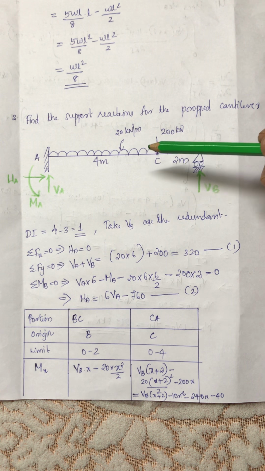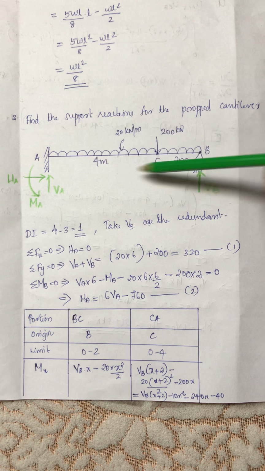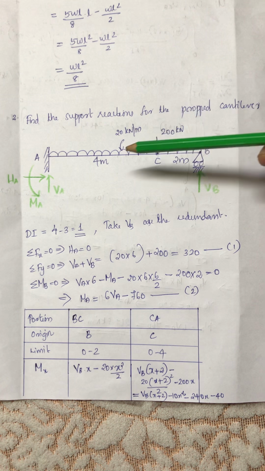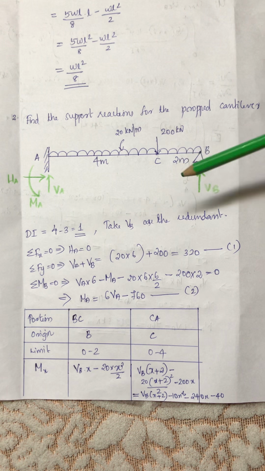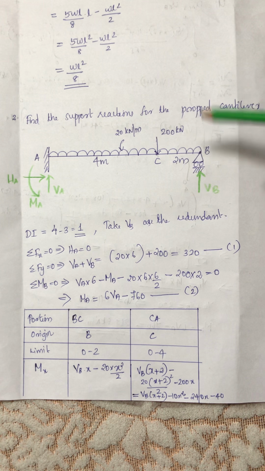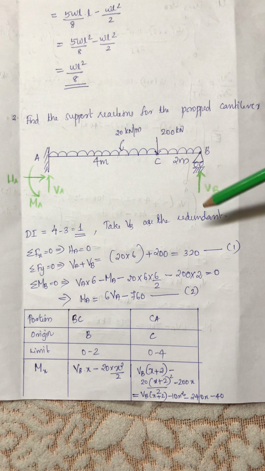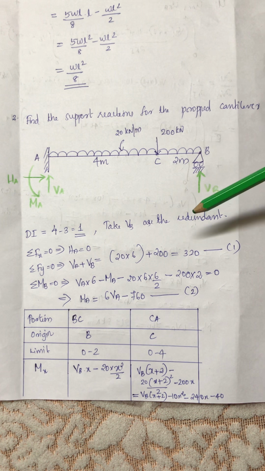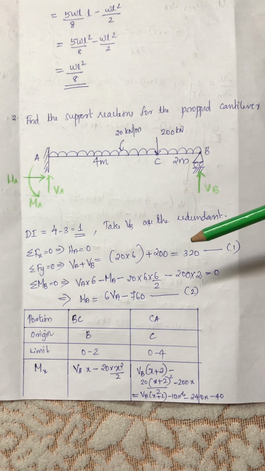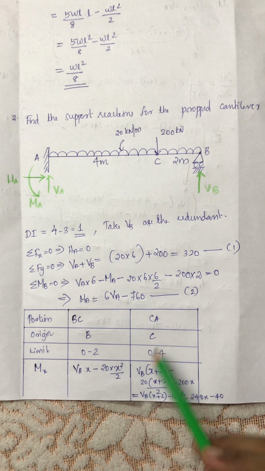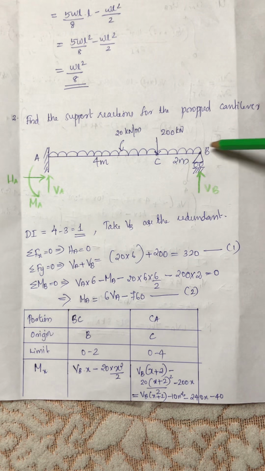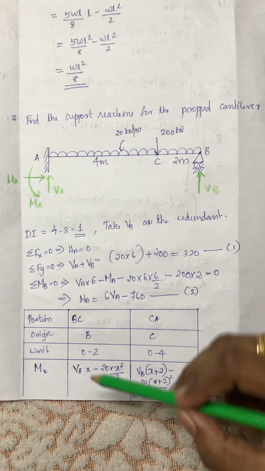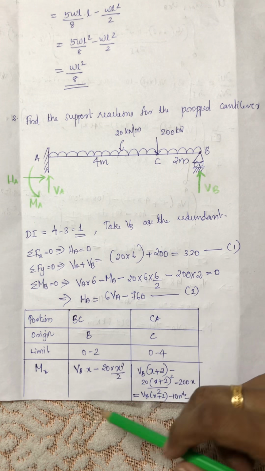Now we have to find out the internal strain energy for the entire beam. In the previous case we had only one span, so we just found UI equal to integral 0 to L of M square by 2EI dx. Here we have two spans, therefore two moments will be there, and the limits are 0 to 2 and 0 to 4. So first of all, take the first term, that is integral 0 to 2. What is MH square?